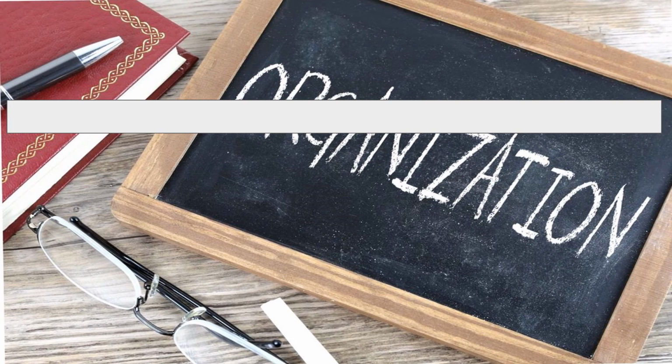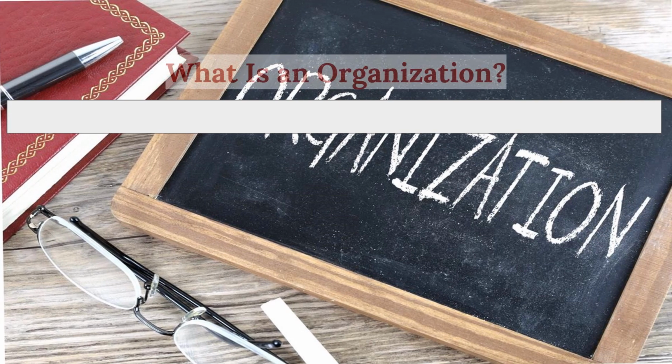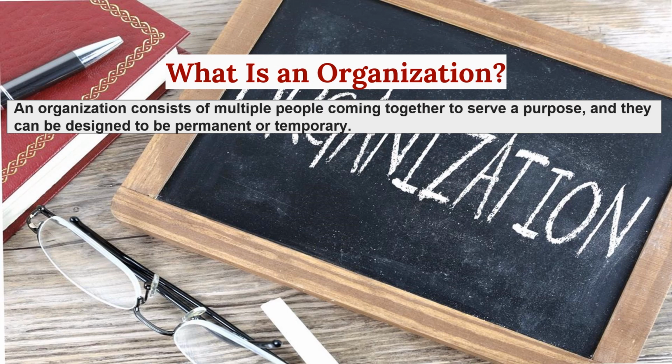So let us move forward to know what an organization is. An organization consists of multiple people coming together to serve a purpose, and they can be designed to be permanent or temporary. Both formal and informal organizations serve vital needs for people.